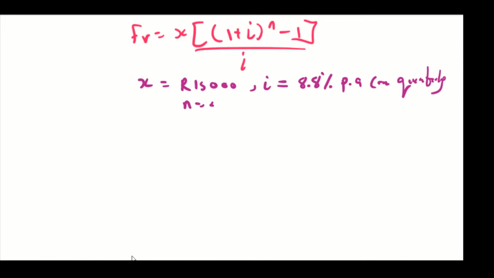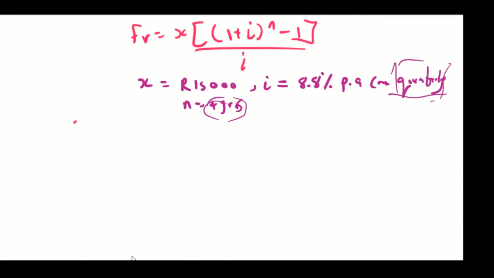And n is 4 years. This is just the years, but it doesn't necessarily mean years, so we have to multiply by the 4, by the quarter, in the equation. So n is the number of payments.